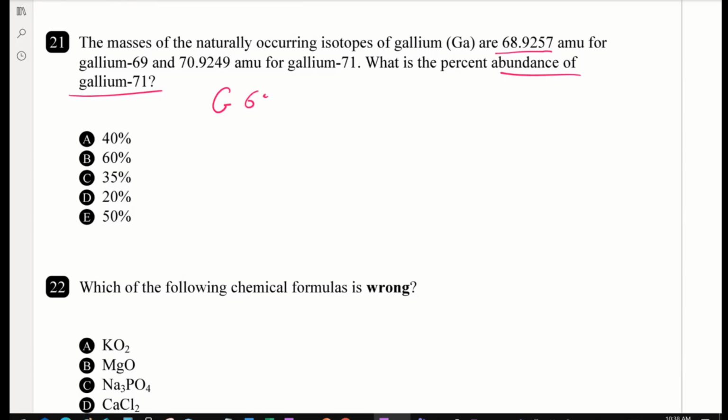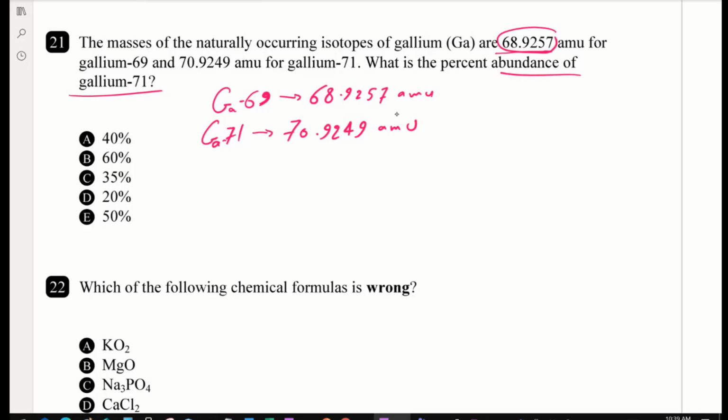Gallium 69 has a mass of 68.9257. And by the way, this is the real mass, not the mass number. This is the real mass of gallium 69. And gallium 71 has a mass of 70.9249 atomic mass units.